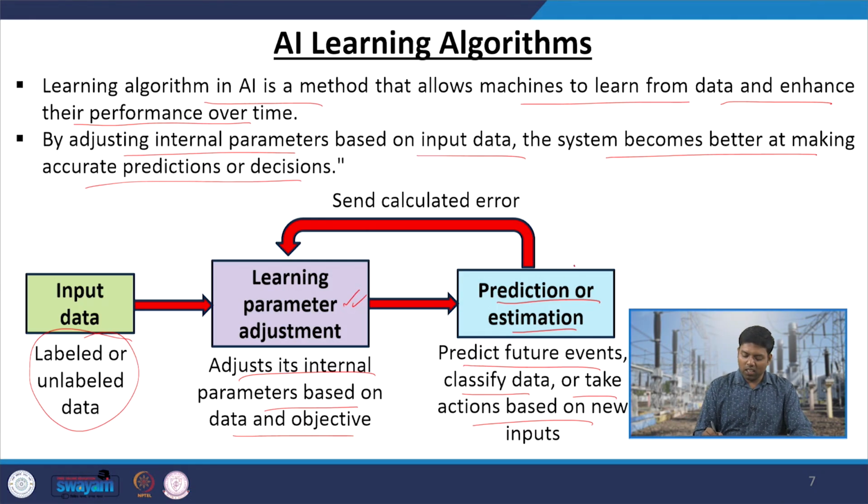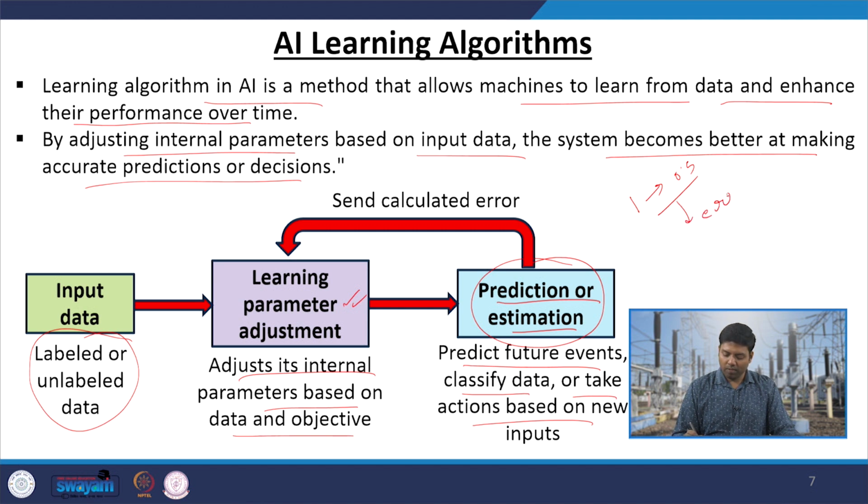If that estimation or prediction is not true, let us say you expected 1, but you got 0.5 as an output, that is not a true output. So, you have an error of 0.5. That error you have to feed back to the learning parameter adjustment process again.